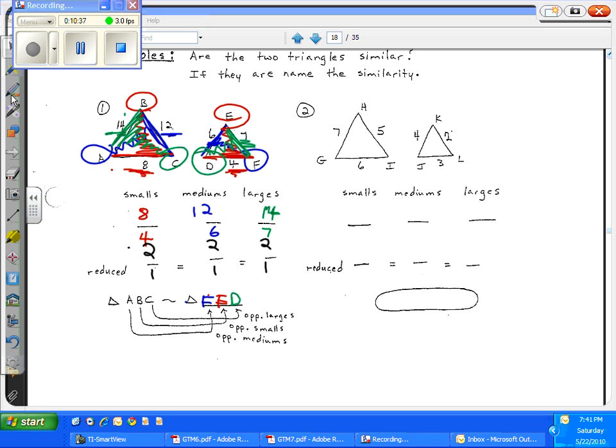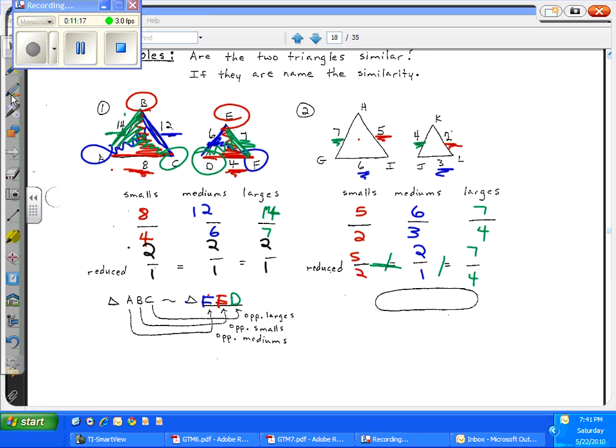So let's look at example 2. We're going to put small 5 with small 2, medium 6 with medium 3, large 7 with large 4, and reduce. 5 over 2 will not reduce. 6 over 3 reduces to 2 over 1. 7 over 4 will not reduce.